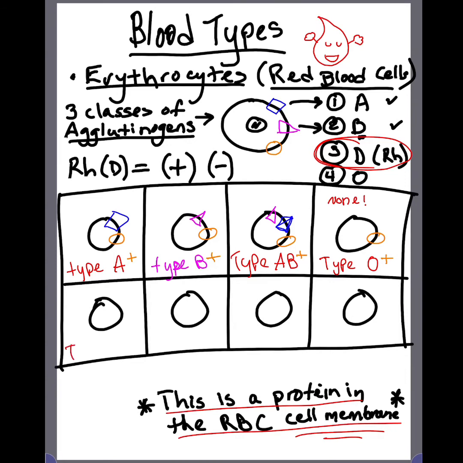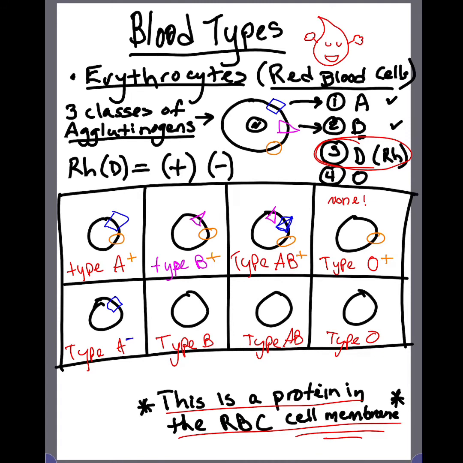So for example, for type A, I'm going to go ahead and do type B, type AB, and type O. In order for them to be negative, it means that they don't have the D factor or the RH factor. So in other words, for type A negative, they must have only their A agglutinogen, but no RH factor.